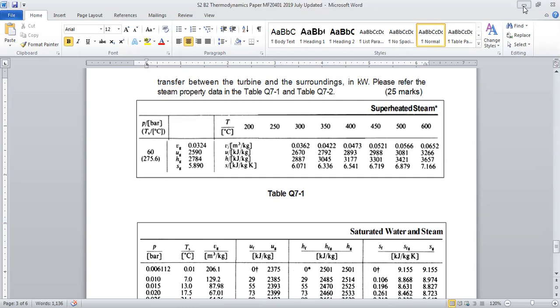Revision 1, you can say 2 questions, okay, not to say minimum, let's say 2 to 3. And from the vapor power cycles and the refrigeration, this revision 3.